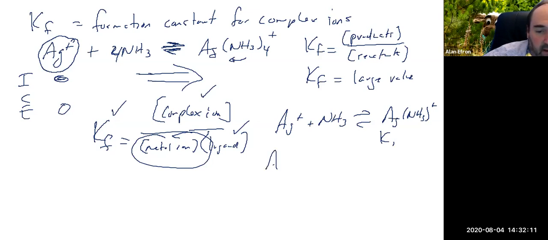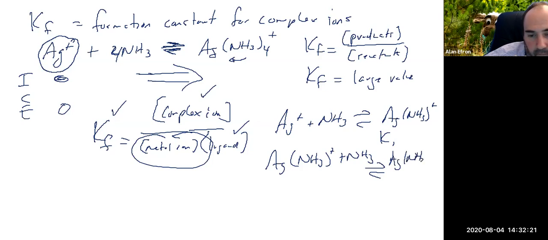Next one gets put on, and you could also have a K value for that, and so forth. You can have that stepwise formation of this complex ion. And remember that if you add them all together, you multiply the K values together, and you get the overall K value for that reaction.